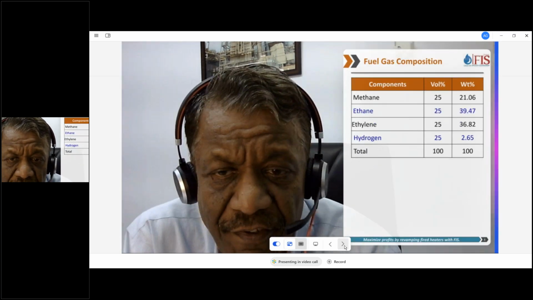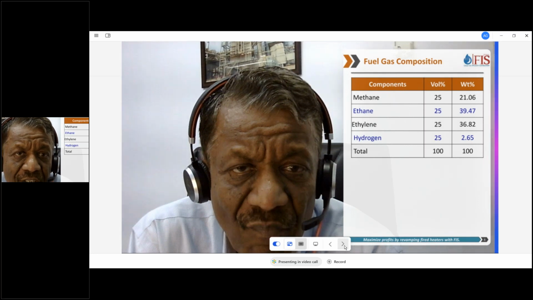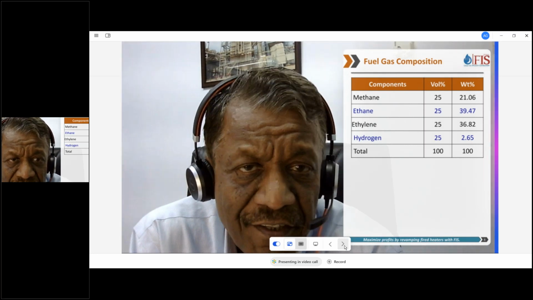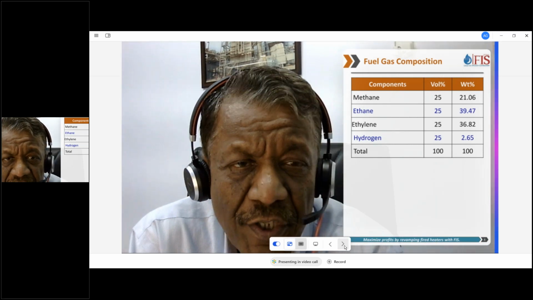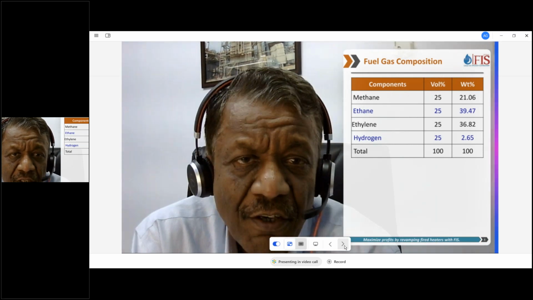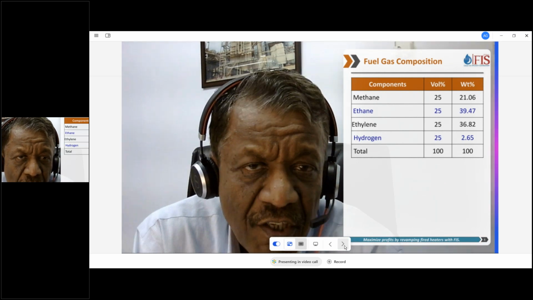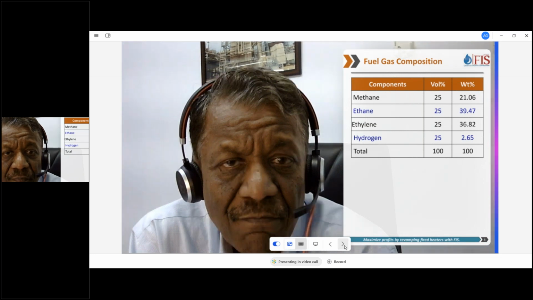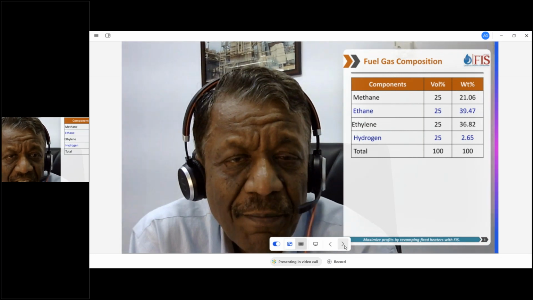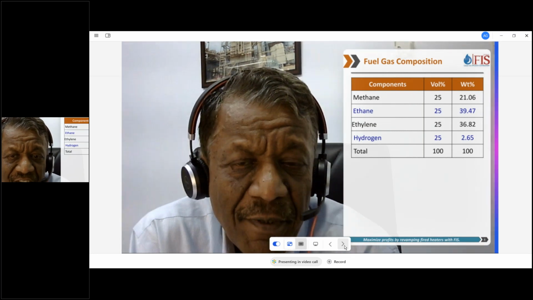The fuel which we are using for this exercise is not a normal fuel. I just wanted to demonstrate the effect of different components in fuel. So I came up with this composition, which is 25% methane, 25% ethane, 25% ethylene. Ethylene is unusual.